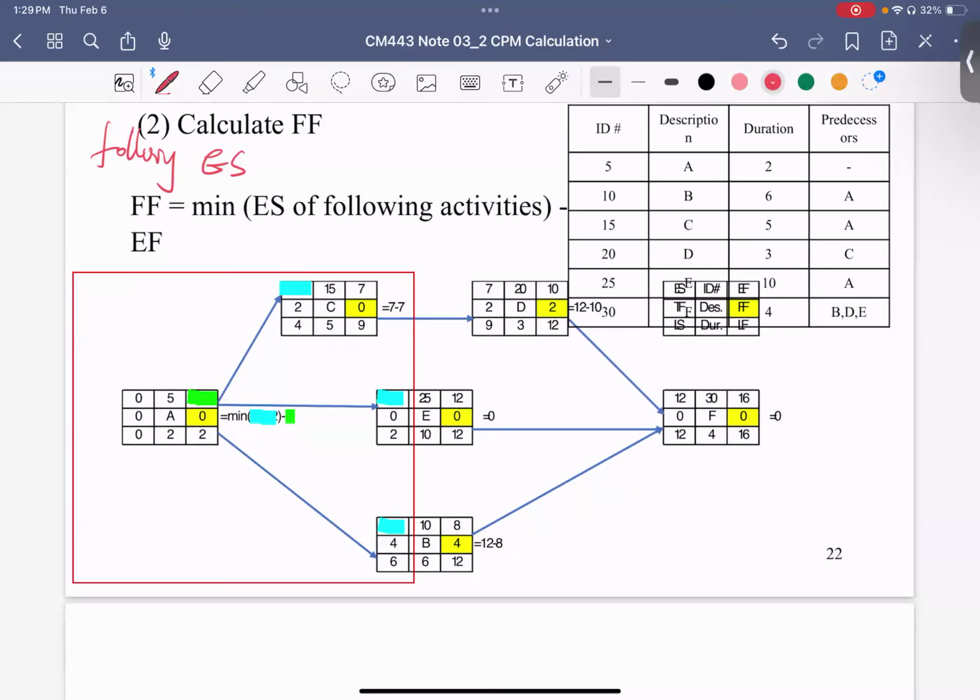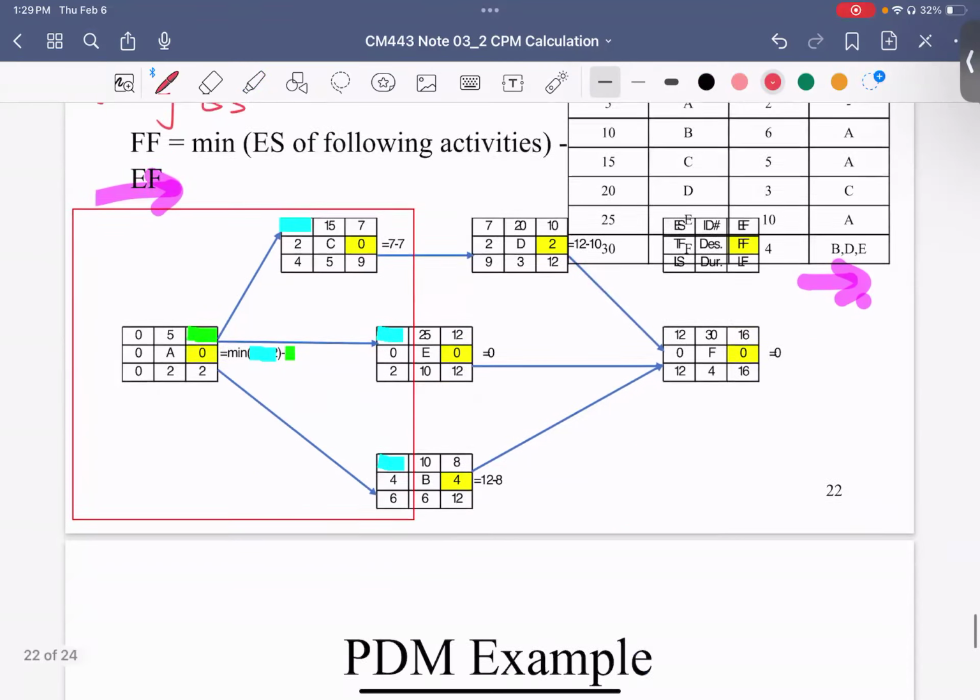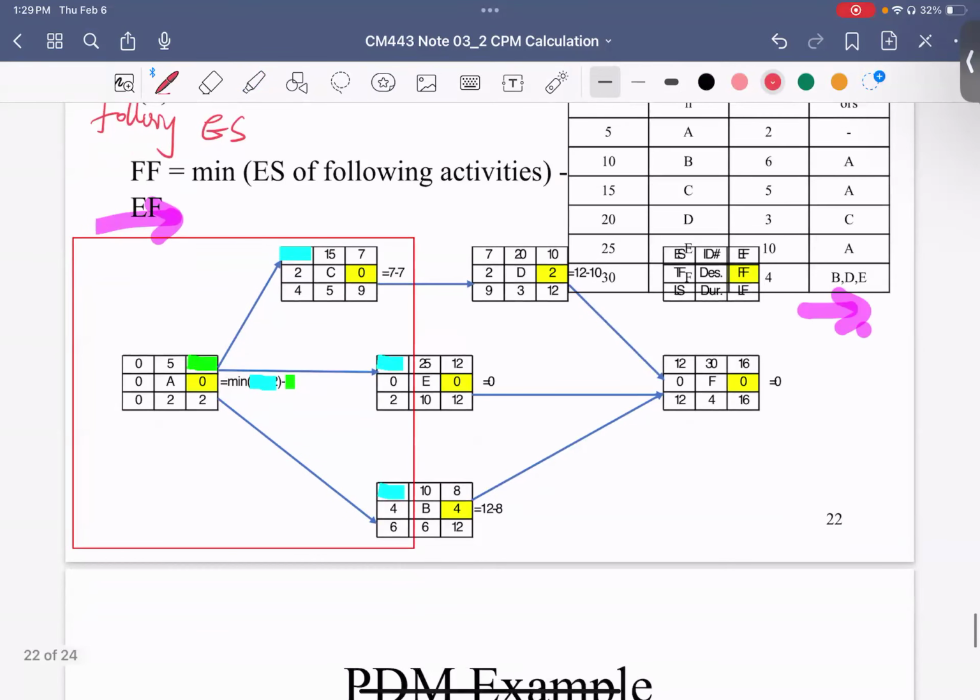That means our calculation will start from the beginning side and end at the last side, going in that direction. First, let's take a look at A here. We have all those numbers over here. This is 0 and this is 2. So we know the early start time and the early finish time.